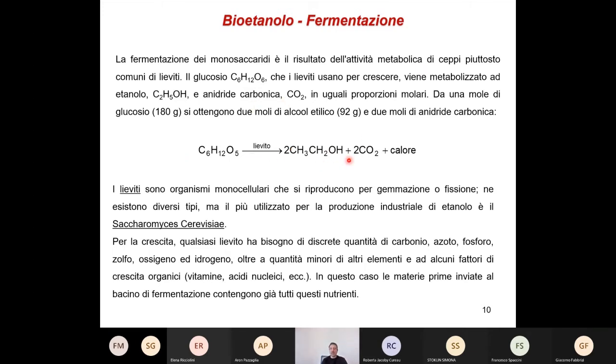There is also a production of small quantities of heat during this process, and this is the reason for the yeast to decompose this element to obtain energy for its own growth and replication, of course, growth and replication, okay.